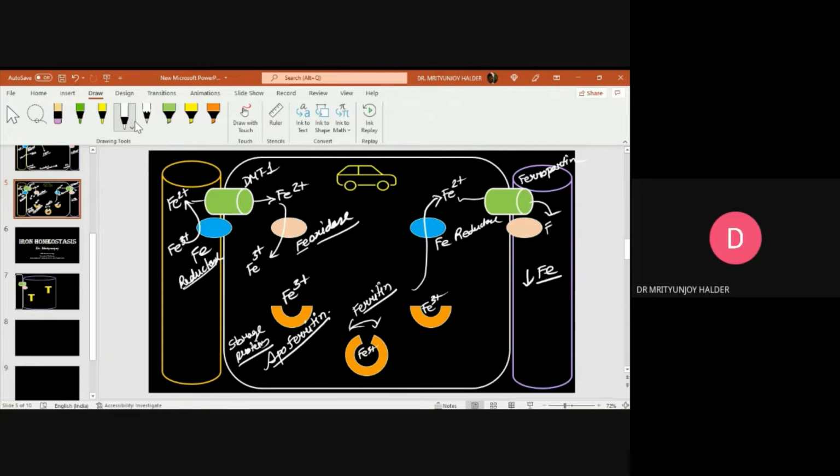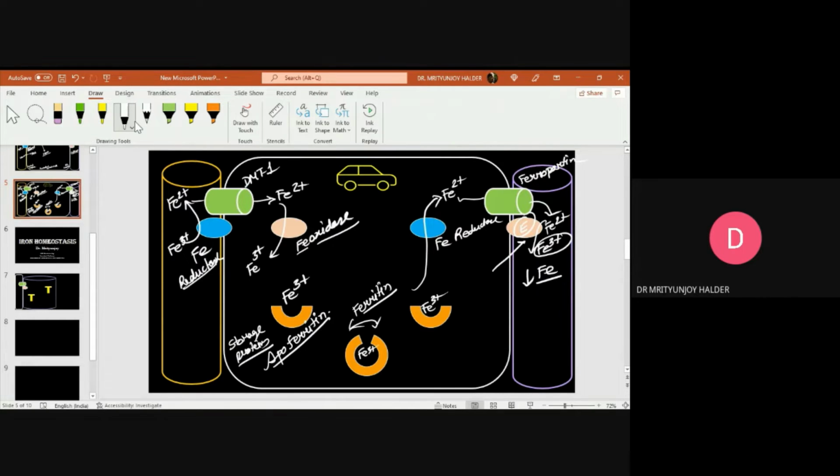Now here, after coming to the blood circulation, with the help of another enzyme, iron again converts into the ferric form. Why? We will learn in detail in the second part of this iron homeostasis video, but we should learn the name here.